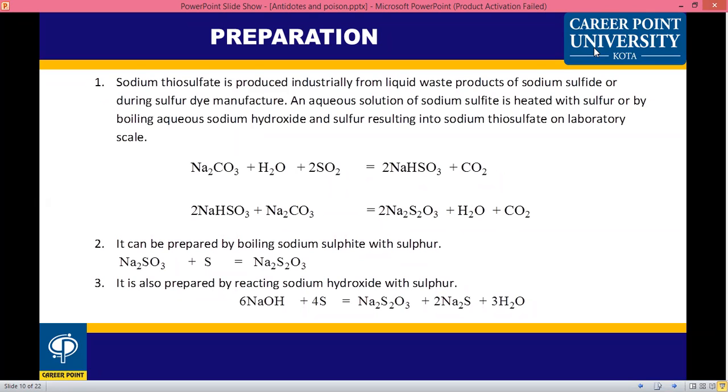On a small scale, sodium hydroxide and sulfur are boiled to form sodium thiosulfate in the laboratory.